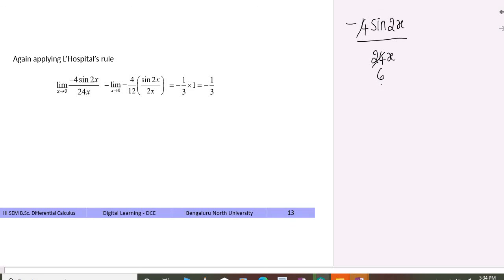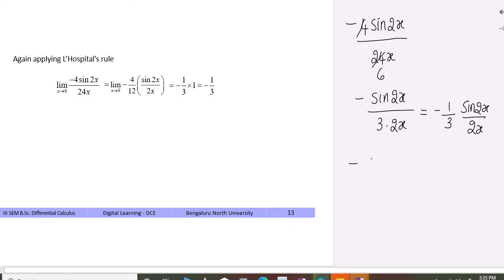Now I am going to write this as minus sine 2x divided by, here 2x is there, that's why I am going to write 3 into 2x. That means minus 1 by 3 into sine 2x divided by 2x.